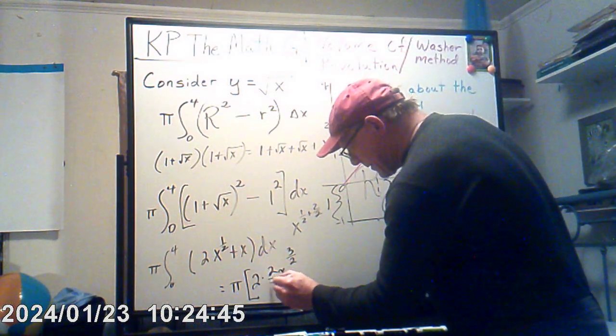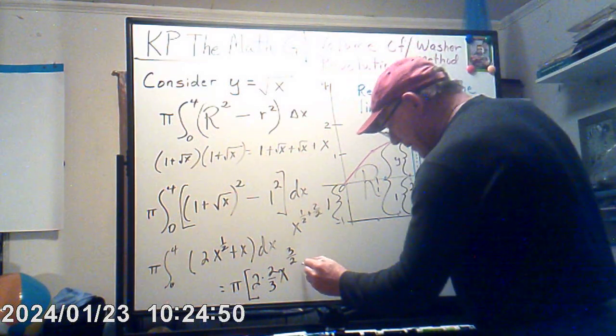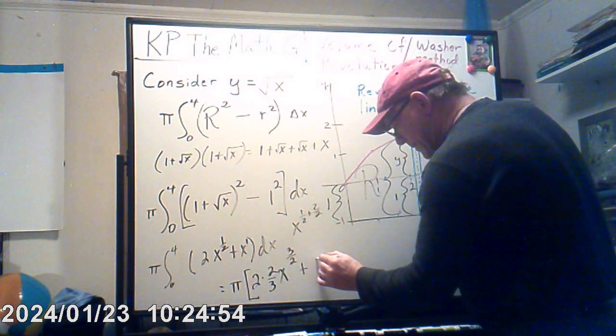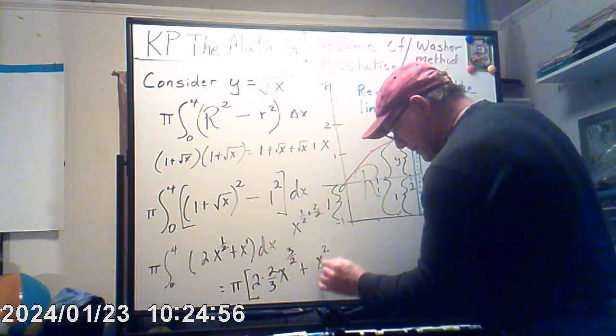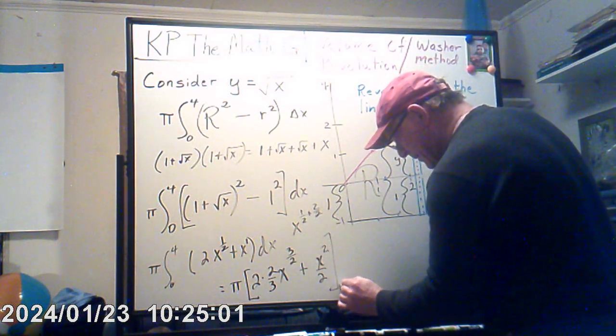So 2/3 here. And plus, this is to the 1, so I'm going to raise it, so x squared over 2, going from 0 to 4.